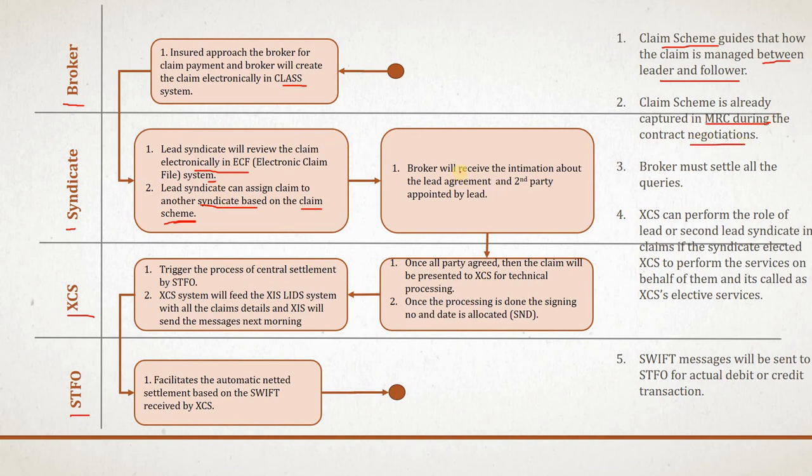Then the broker will receive the intimation. For example, if the syndicate decided to assign the claim to a second lead, then the broker will receive the intimation about the lead agreement, because the main lead has already agreed, but has also assigned the same claim to the second party appointed by the lead.